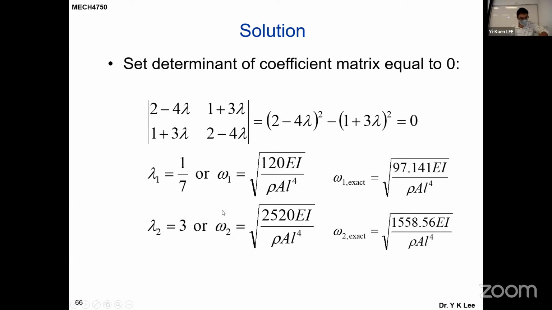So for this one-element model, I show you omega 1, omega 2. This is the natural frequency for the one-element vibration of beam problem. Actually, we can compare with the exact solution, right? The first natural frequency is 120, and our exact solution is 97.